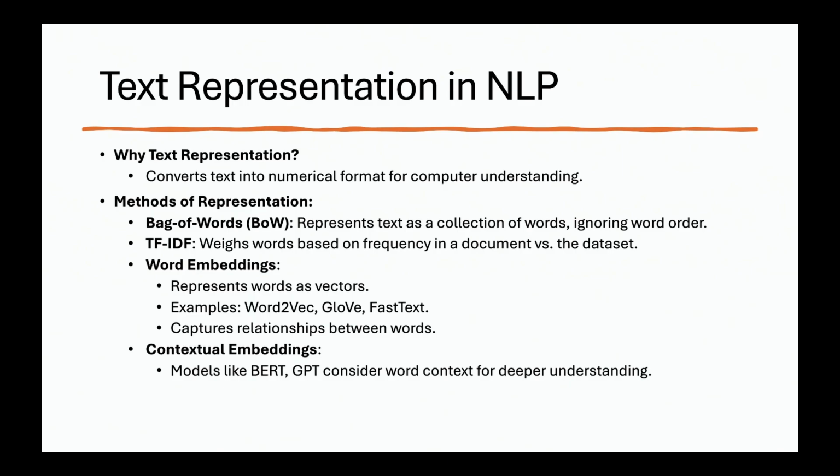Next, we have word embeddings, which represent words as vectors. Models like Word2Vec, GloVe, and FastText capture relationships between words. Finally, contextual embeddings like BERT and GPT consider the surrounding words, providing deeper understanding.